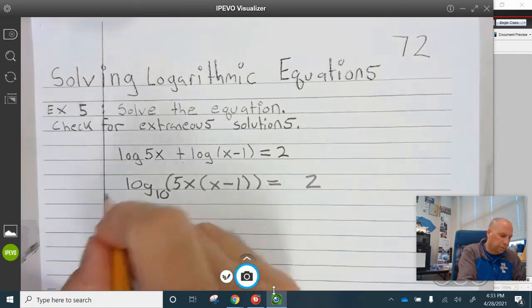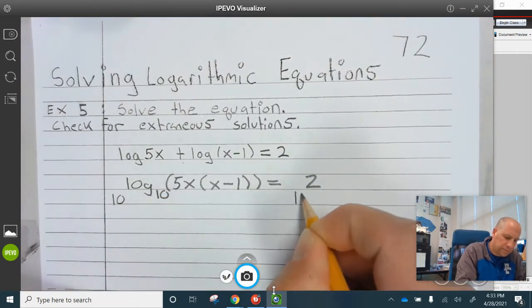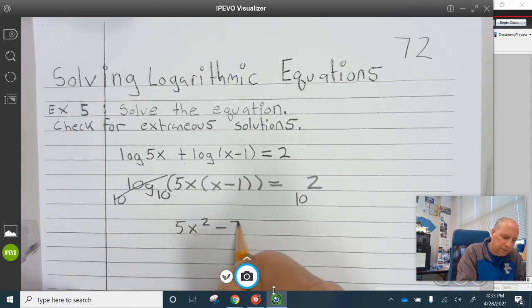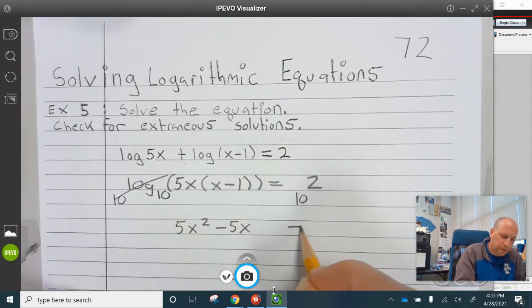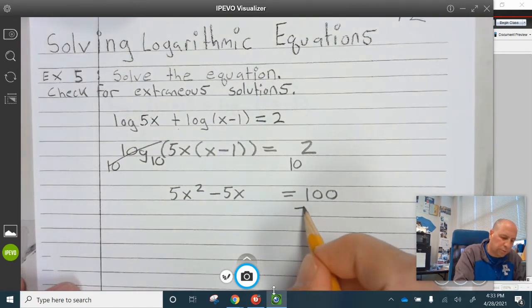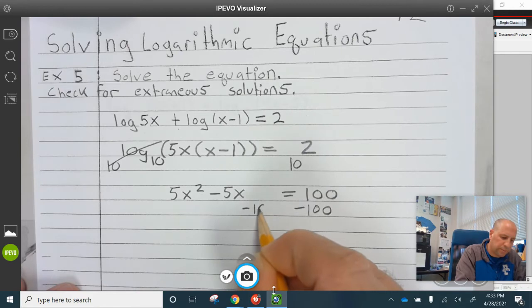Okay, now we're going to raise both sides by 10. That goes away. You're left with 5x times x is 5x squared minus 5x equals 10 squared is 100. Okay, we're going to subtract 100 from both sides.